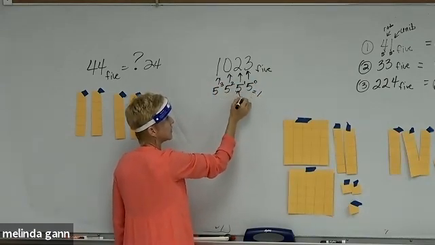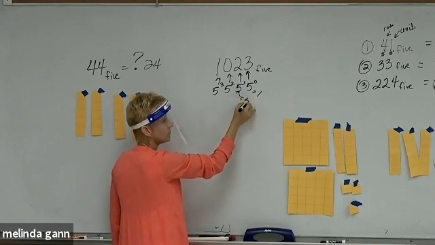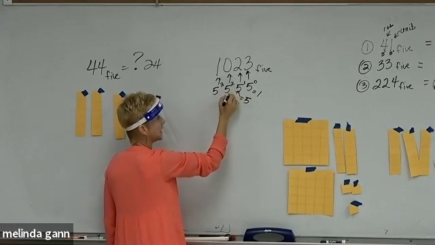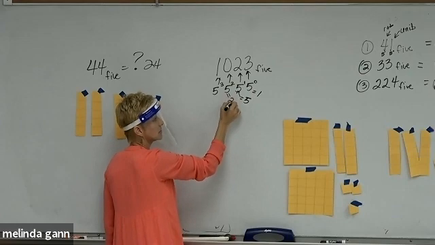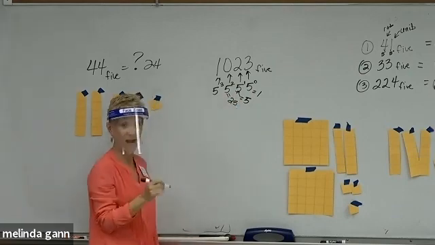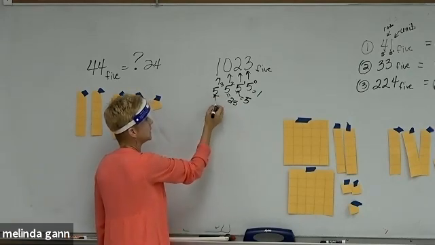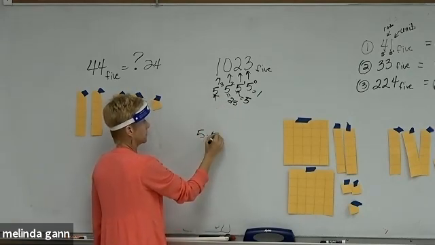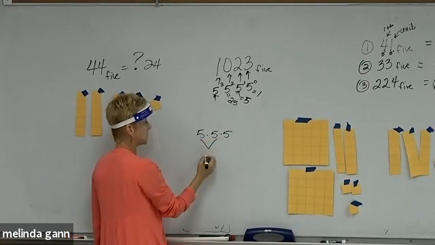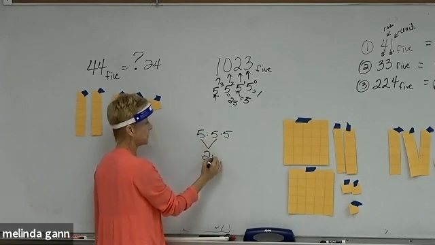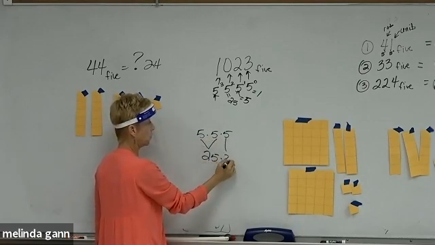What's 5 to the first the same thing as? 5. What's 5 to the second the same thing as? 25. Is that being 5 times 5? What's 5 to the third going to be? Well, what's 5 times 5? 25. So what's 25 times another 5 going to give me?